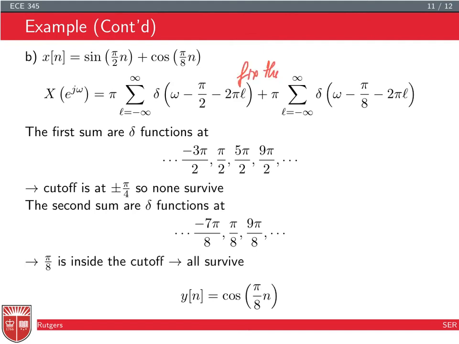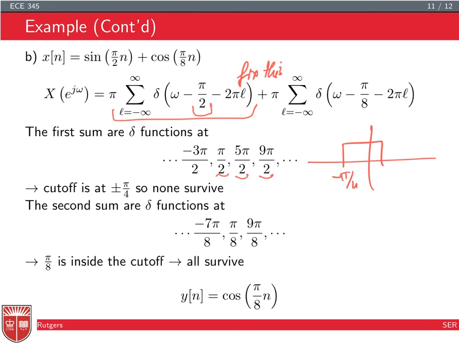Now, what does that mean? This means that the sine is going to create frequencies at pi by 2 plus or minus multiples of 2 pi. So pi by 2, 5 pi by 2, 9 pi by 2. But remember that our cutoff frequency is pi by 4.